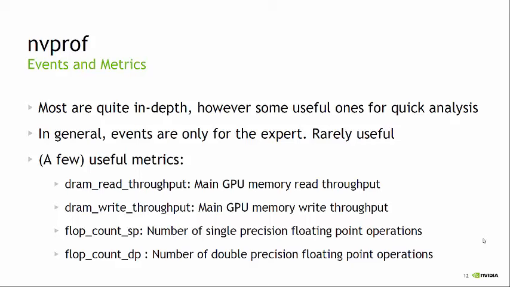So I find those 4 quite useful, but I find I also use most of the metrics here and there, mostly via nvvp though. I tend not to dig too deeply using nvprof because its interface is command line. There's a lot of text and a lot of typing to get what you want.